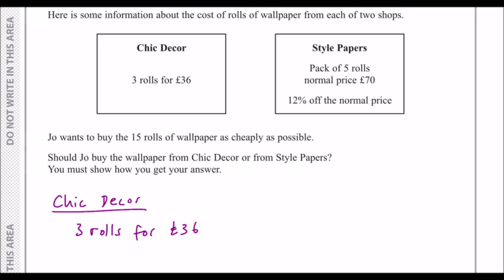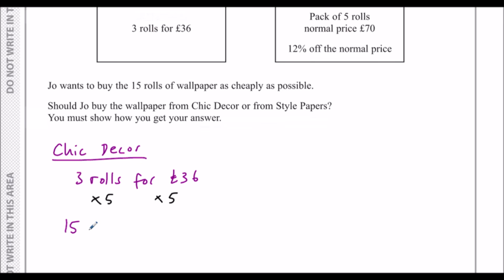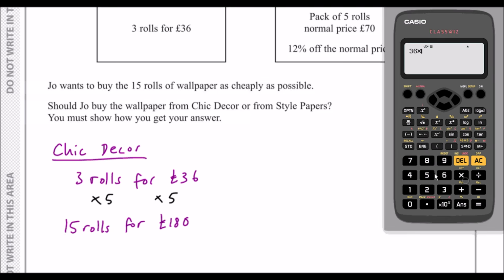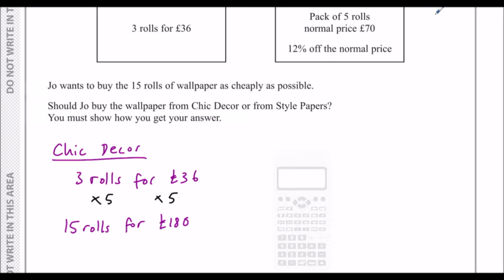So if I want to buy 15 rolls, I'm going to buy 5 lots of this, and it'll cost 5 times as much. So 15 rolls for, that's £180. We can use a calculator, remember. So 36 times 5 is 180. So 15 rolls cost £180 at Chic Decor.